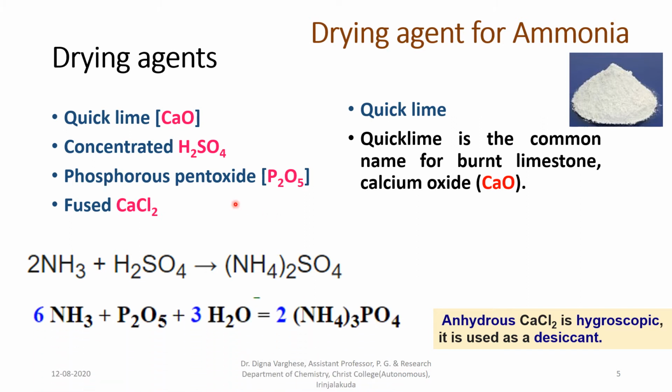If phosphorus pentoxide is used with ammonia, ammonium phosphate is produced. And if fused calcium chloride is used with ammonia, an adduct is formed, that is calcium chloride ammonia. So these drying agents are not used for ammonia. Only quicklime is used as a drying agent for ammonia.